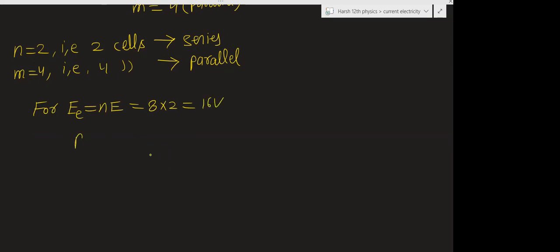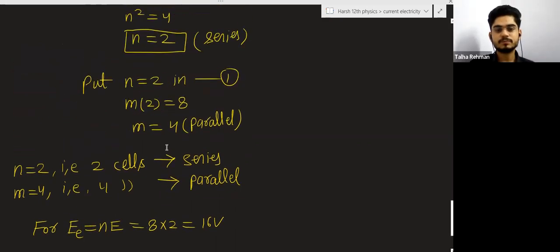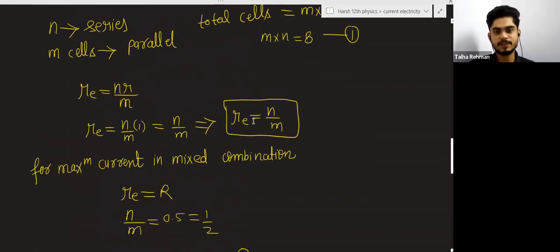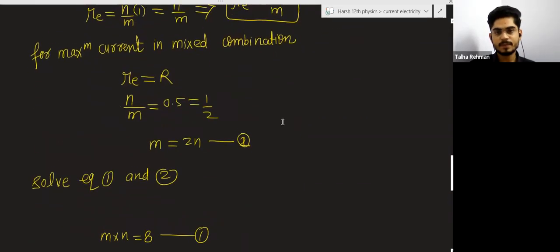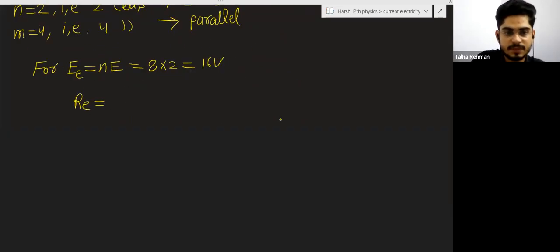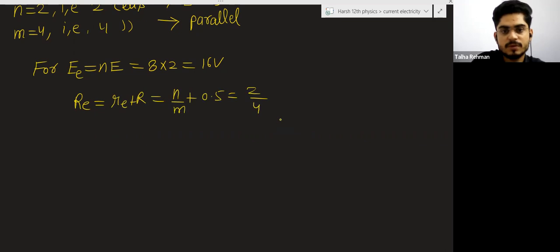And what is RE? RE is the total internal resistance, N by M, plus external resistance, means RE is N by M plus R. R is 0.5. What is N? N is 2 by 4 plus 0.5.